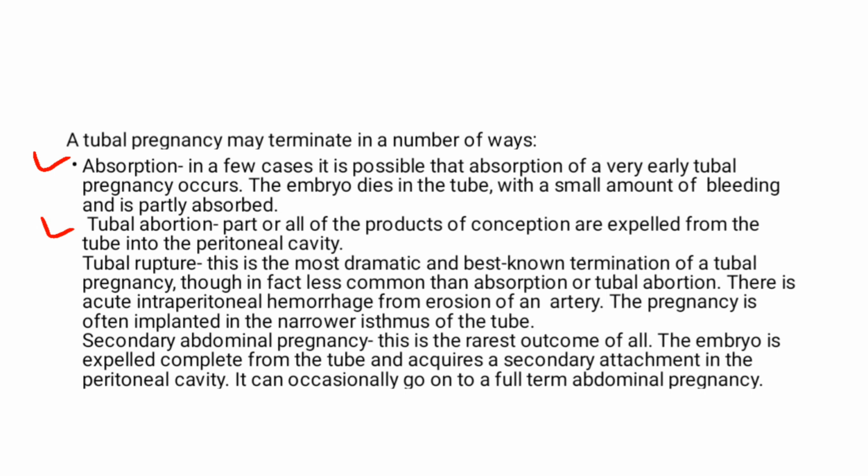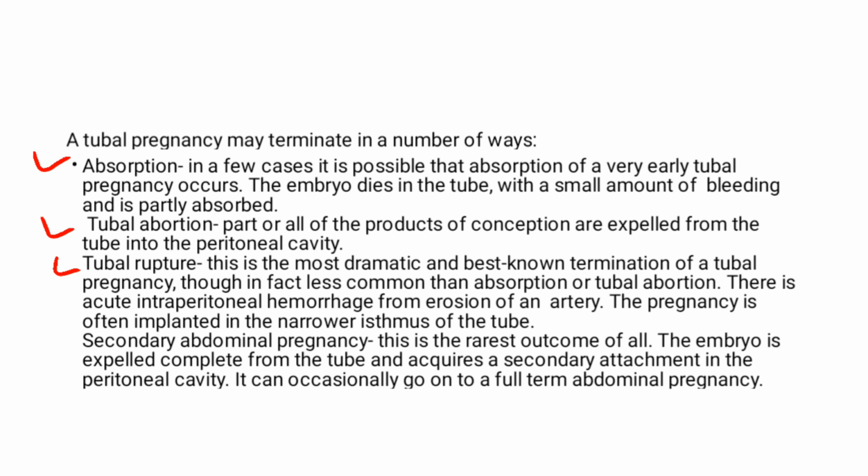The next way is tubal abortion, where part of the product of conception is expelled from the tube into the peritoneal cavity. Then we have the most dramatic, which is the tubal rupture.